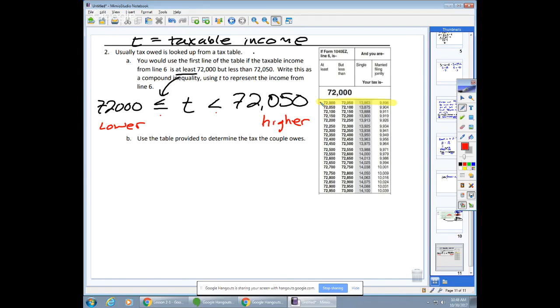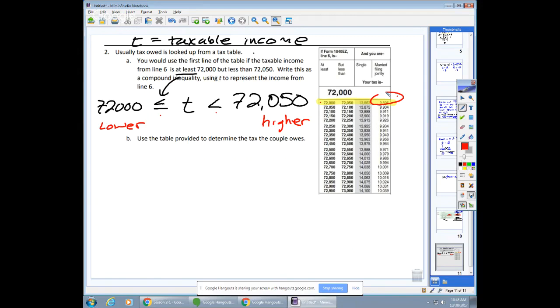Then they want us to use the table provided to determine what they owe. Are they single or married joint? They're married filing jointly, so we want to use this number right here. You don't pay less if you file jointly than singly. That's why some people say it's a tax benefit to get married.